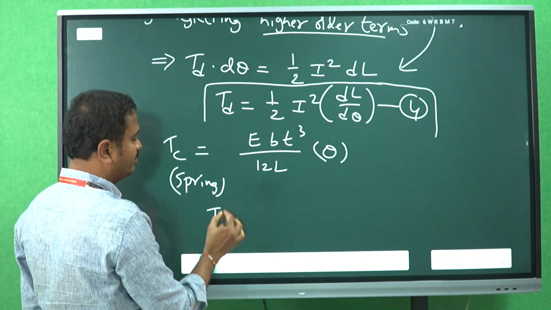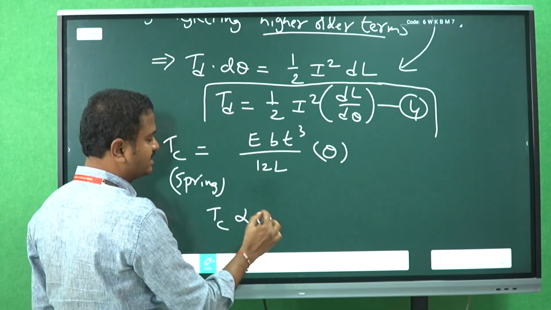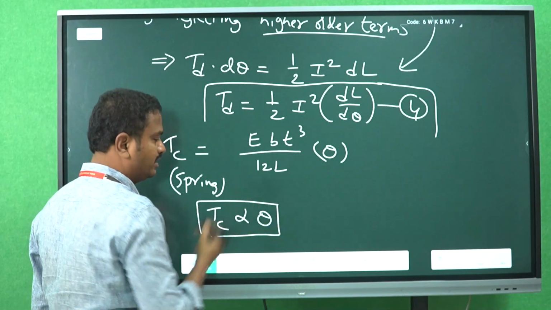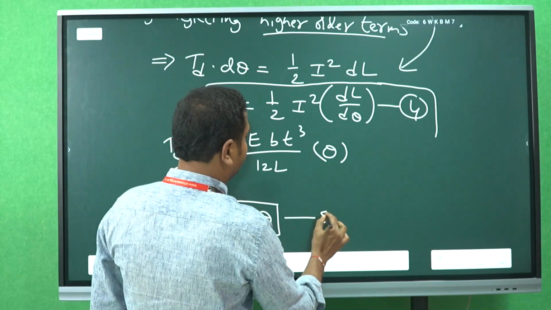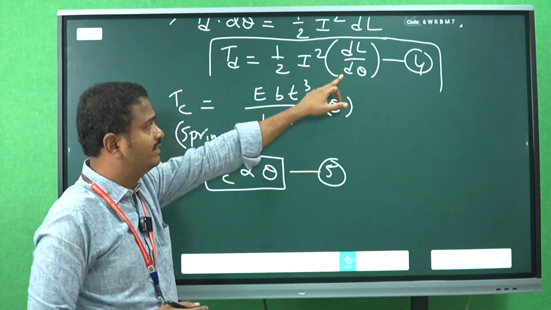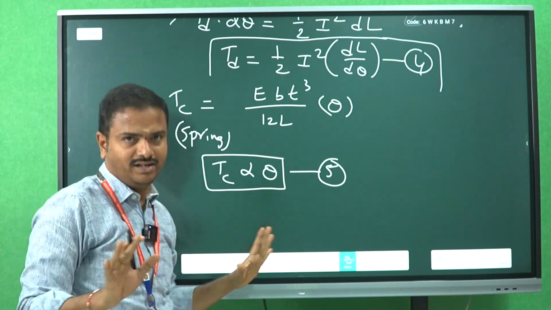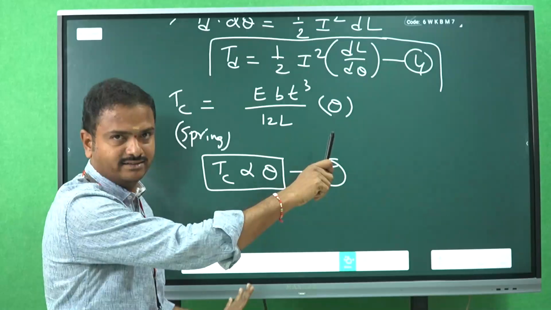By avoiding constant terms, the controlling torque is proportional to angle of deflection. This is equation 5. Whenever equation 4 and equation 5 are equal, the pointer stops at the final reading of 4 amperes.